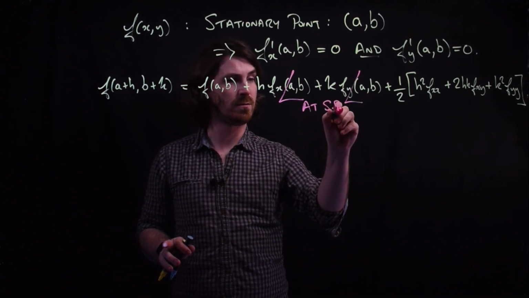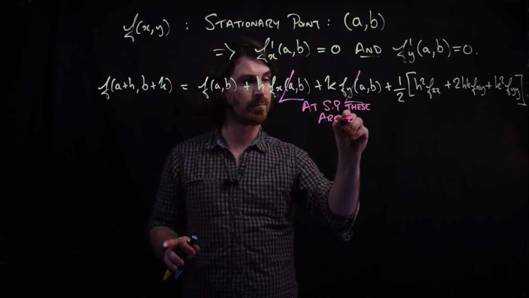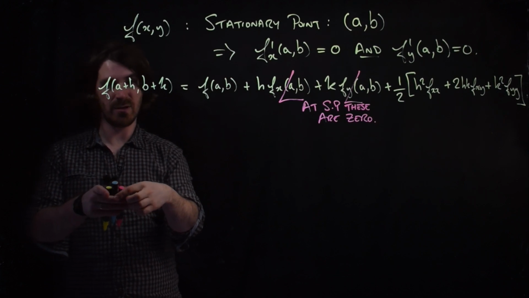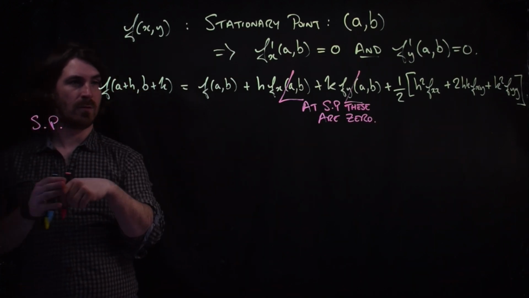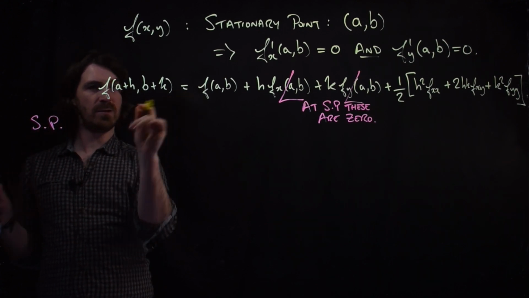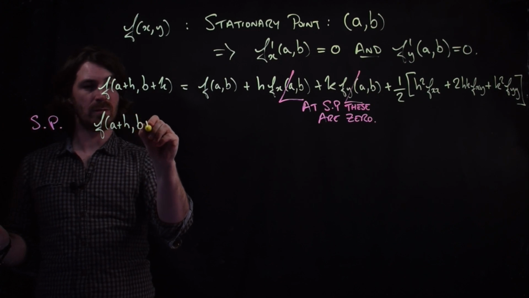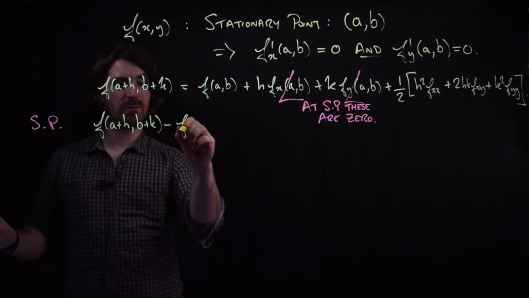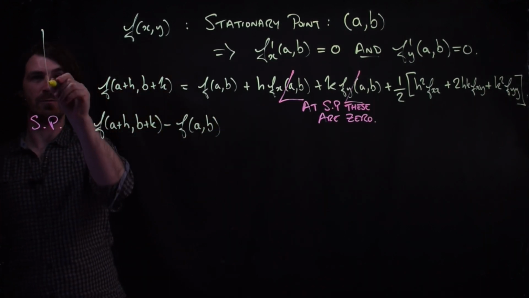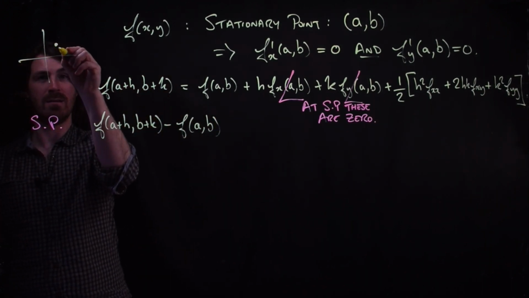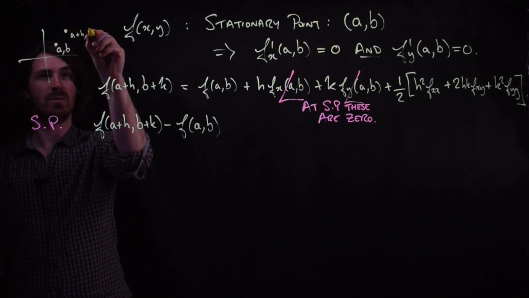So at the stationary point, we have that the difference in the function, f of a plus h, b plus k, minus f of a, b, is the change in the function as you go from a point (a, b) to a different point, (a plus h, b plus k).